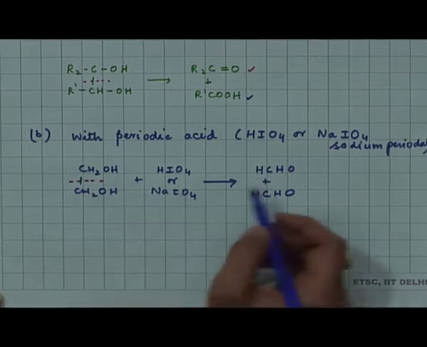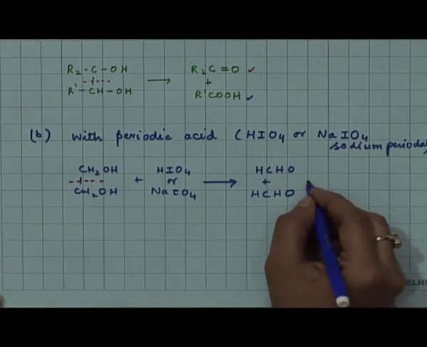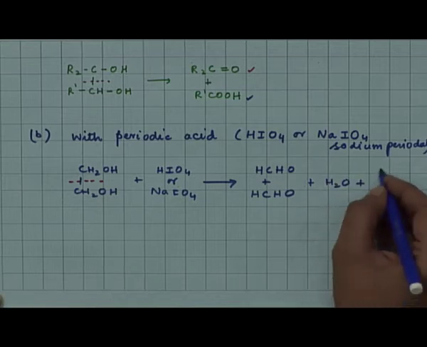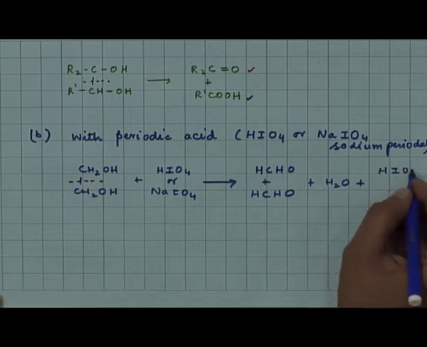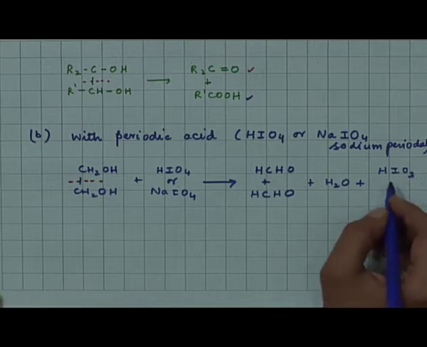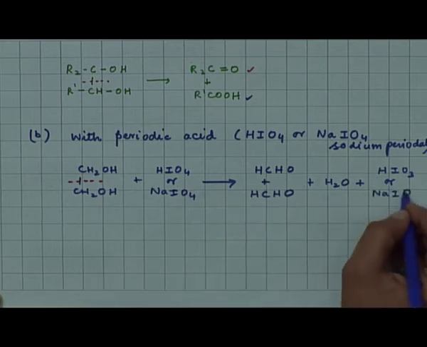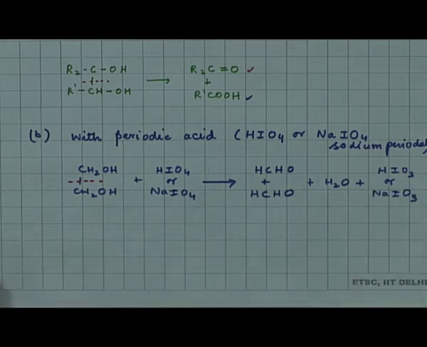So, in this case, since it is symmetrical, you get 2 moles of formaldehyde along with the formation of water, and the periodic acid is reduced to iodic acid, or if you start with sodium periodate, it gives you the reduced form NaIO3.